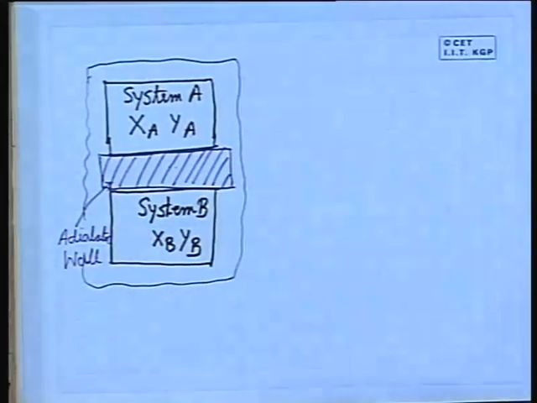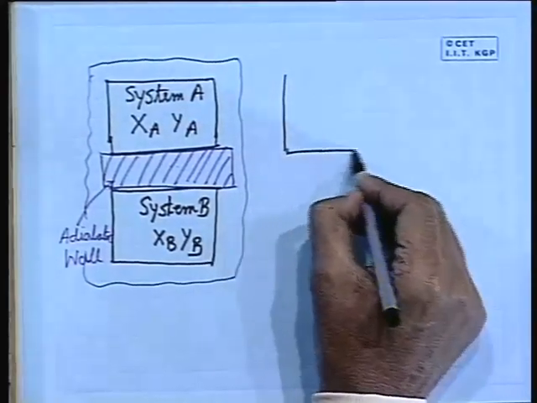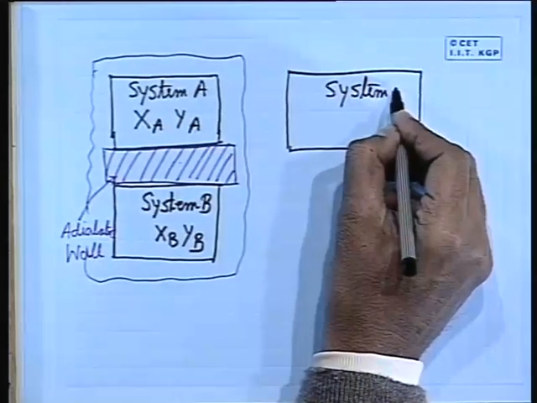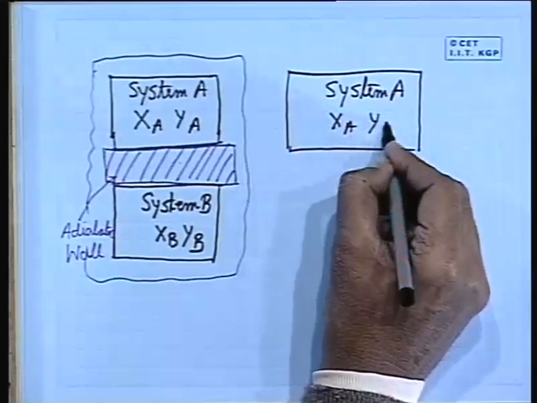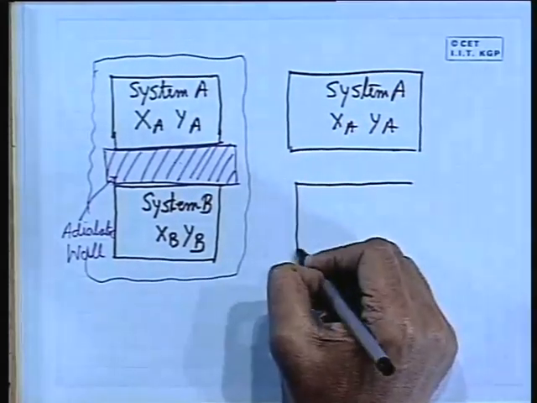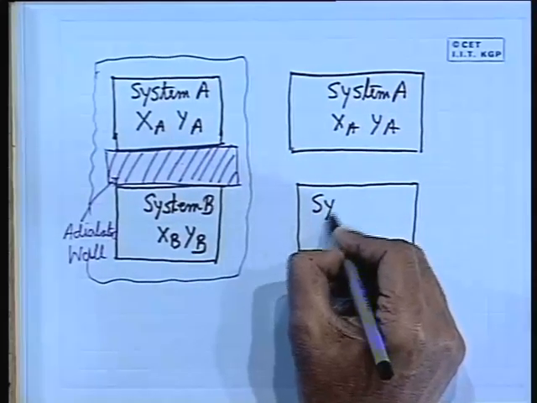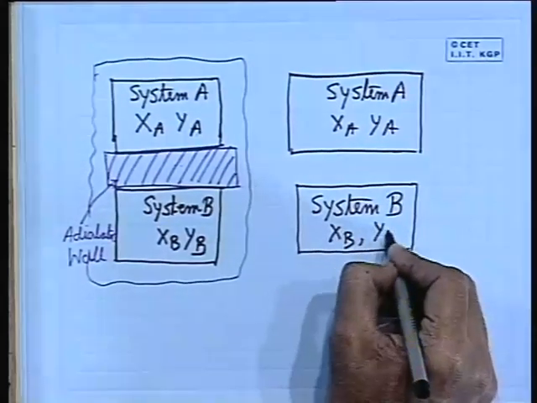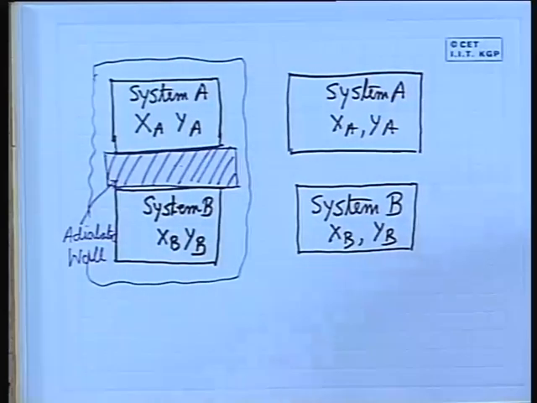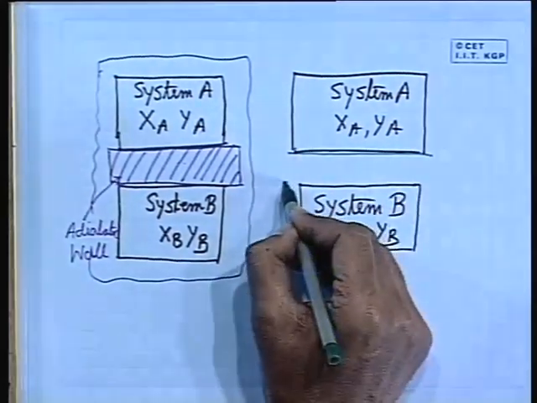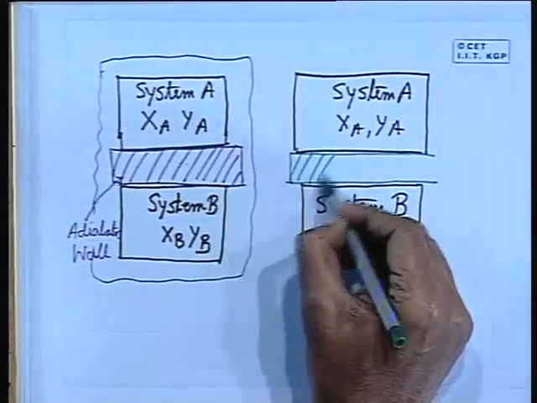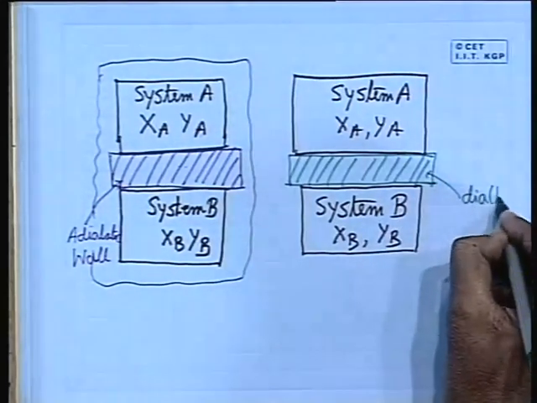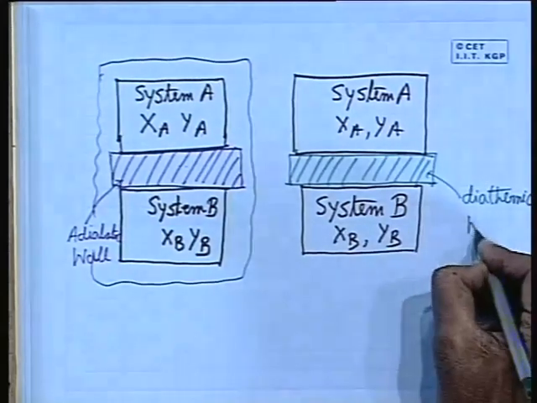Now if the same two systems, system A with the same XA, YA and system B with XB, YB, are now separated by a metallic wall, which is a good conductor of heat, for example, that is known as diathermic wall.